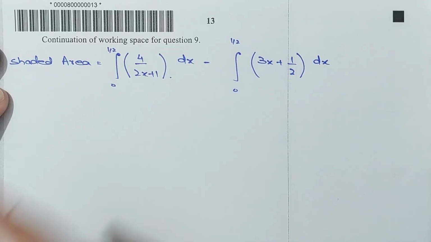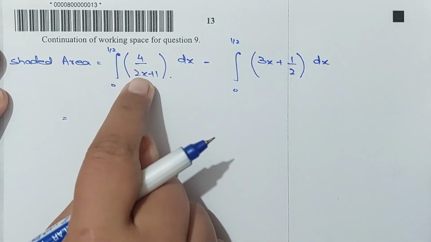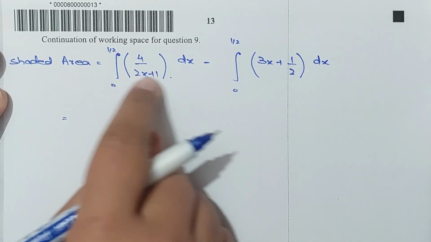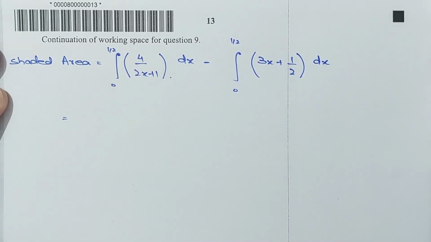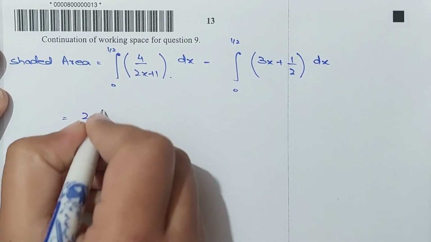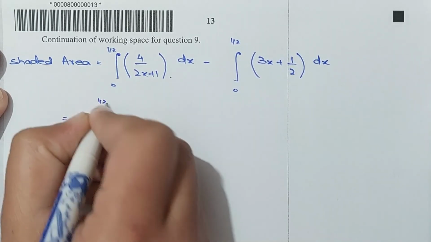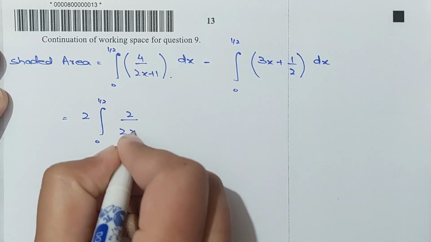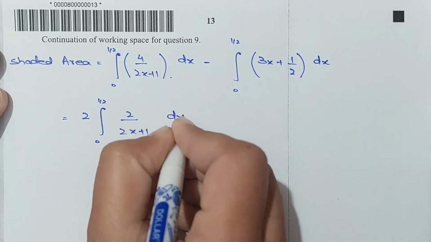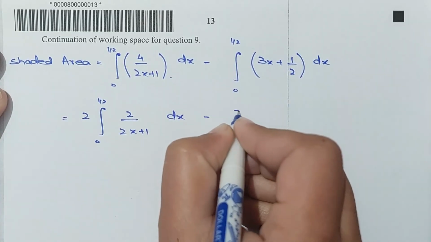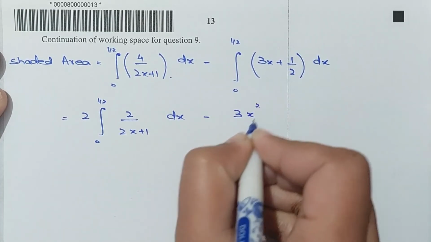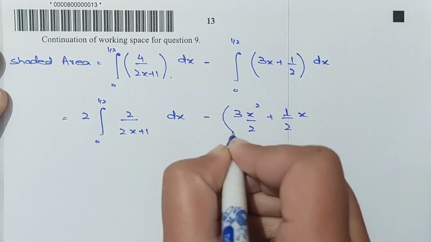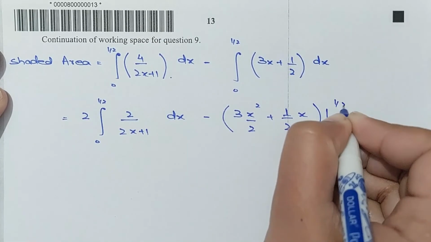Right, let me simplify. Okay, so 1 over x integrates to ln of x when its derivative is present. Its derivative is 2x, so we can split 4 as 2 times 2. 2 is outside, 0 to 1 by 2, 2 is inside. I just split 4 as 2 times 2, 2x plus 1 with respect to dx, minus the integration of 3x, whose integration is x square by 2, plus the integration of 1 by 2 is with x. The limits are between 0 and 1 by 2.